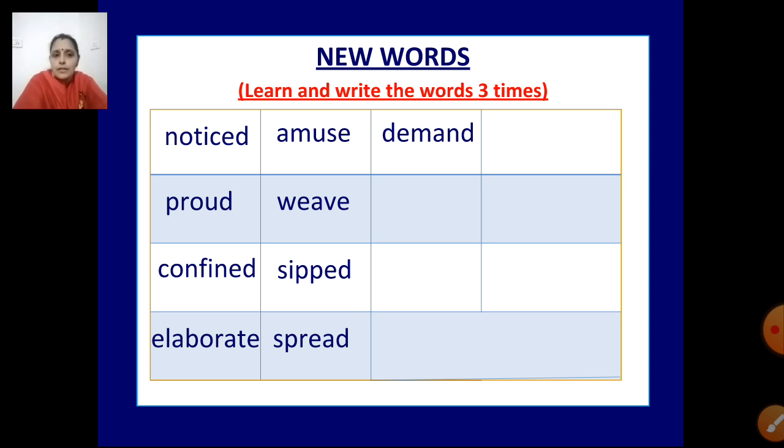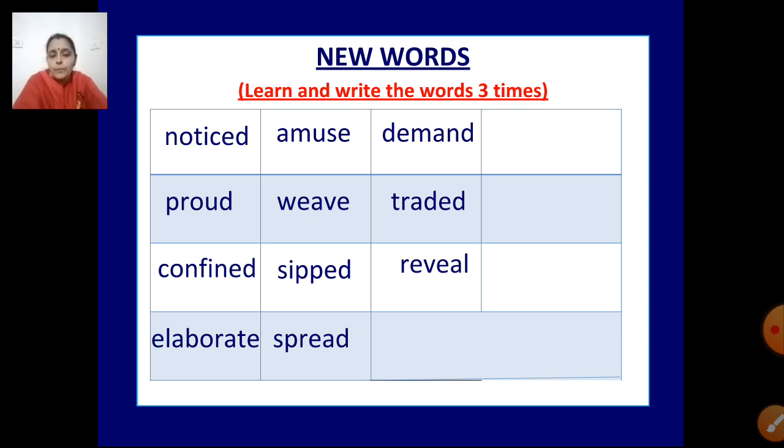The next is traded. T-R-A-D-E-D, traded. Traded means buying or selling, giving something in exchange of something. So traded.